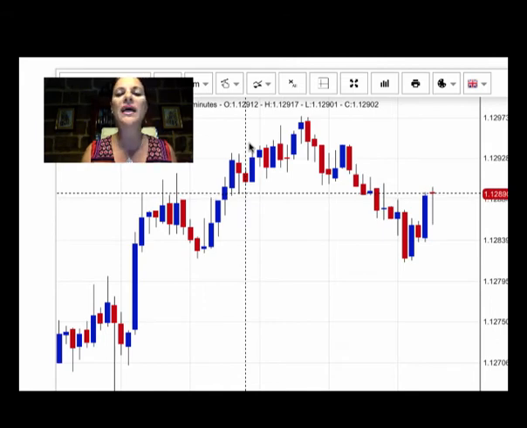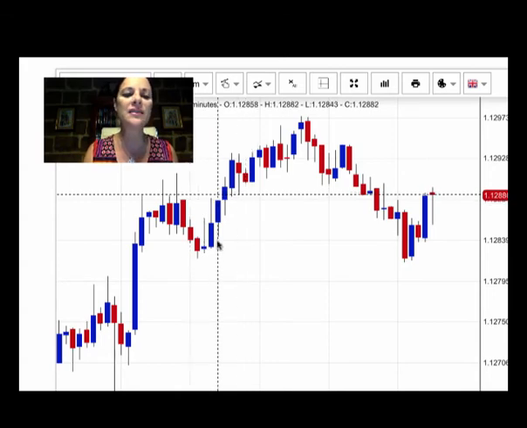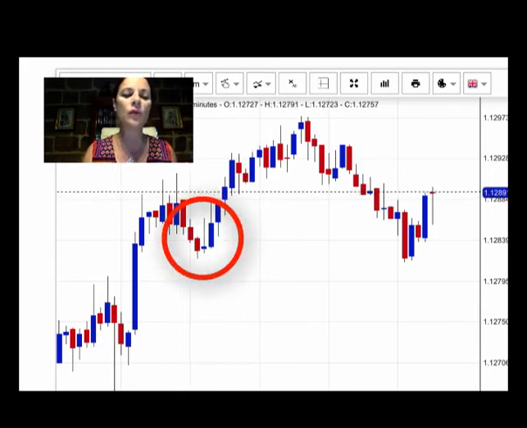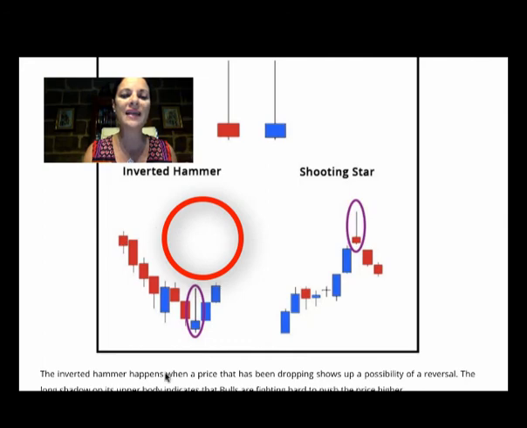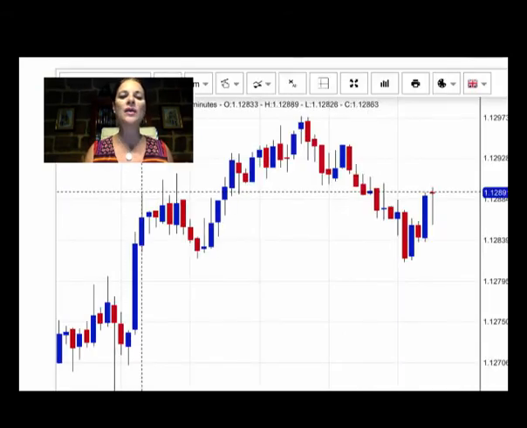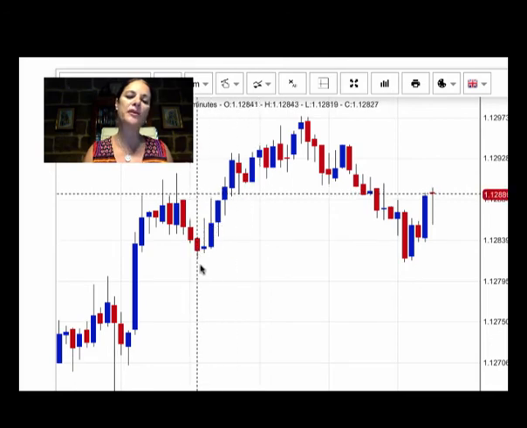This is a live chart that we are looking at. Look at this situation and go back to our charts, and you will see that we have a perfect inverted hammer, and this has shown us how the market has gone from a falling price into a rising price. Perfect hammer situation.